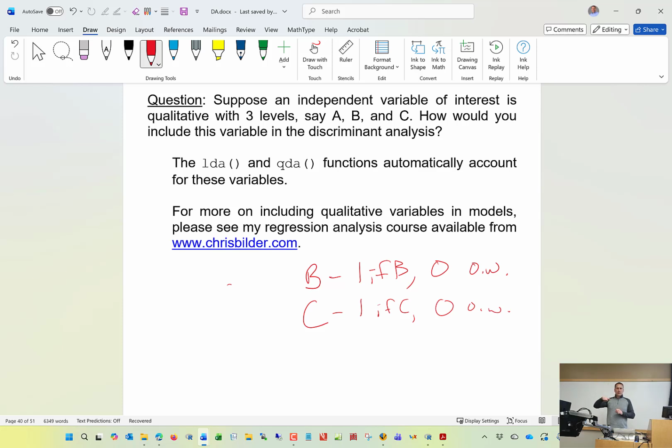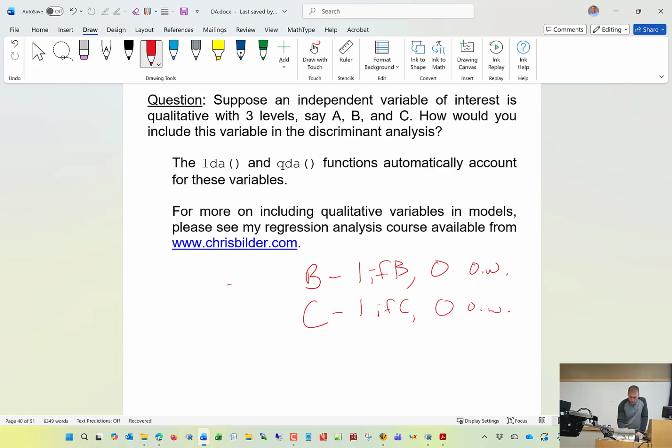Indicate, is it a B or is it not? So if you have a B, it's going to be a 1 and a 0. If I have a C in the data set, I'll have a 0 and a 1. And then if it's an A, I will have a 0 and a 0. The key is I have a unique coding to it. That's why I don't need a third indicator variable or dummy variable to represent level A.